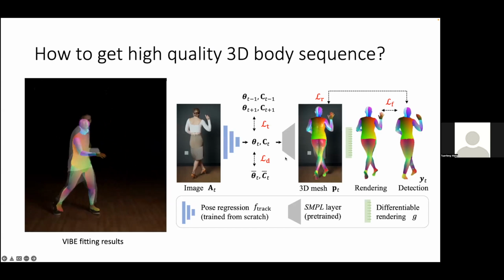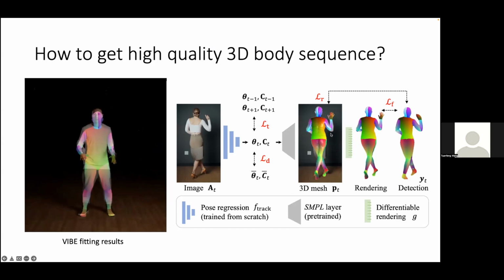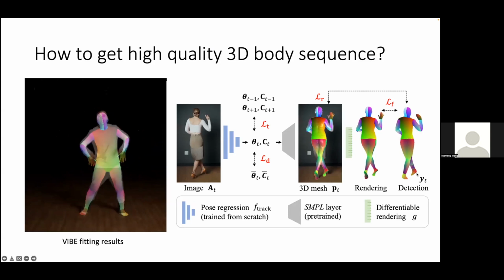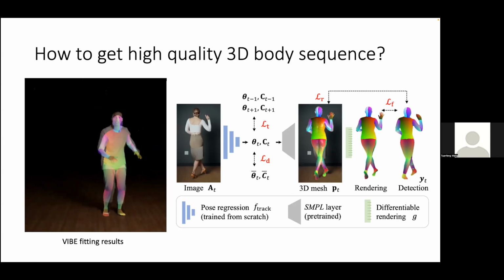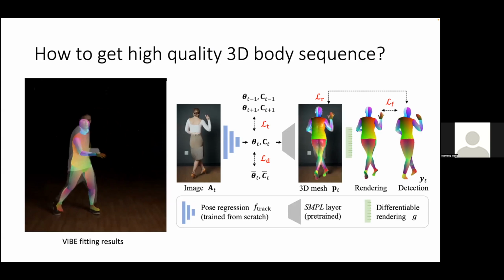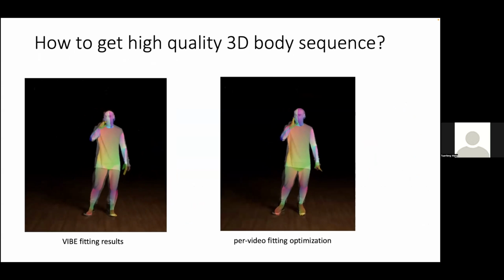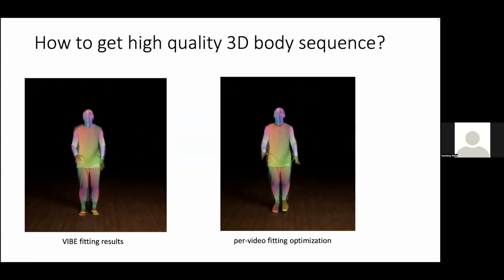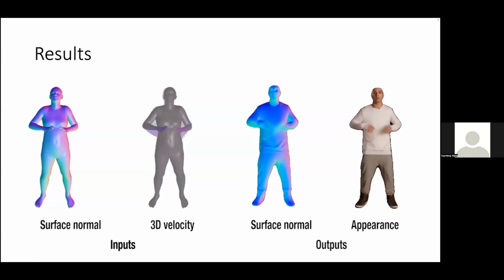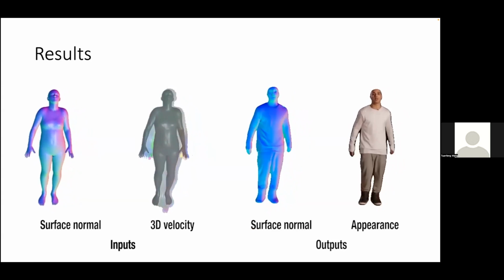Since we know all the parameters, we can generate the mesh and do differentiable rendering to get the UV coordinates, and compare it with the dense UV detected by other methods like DensePose. We can do this per pixel, and also per vertex. After this refinement, you can see that our result is much better now. Here we show some of our final results.